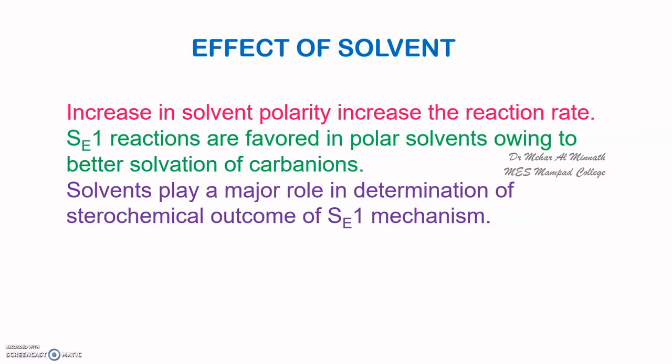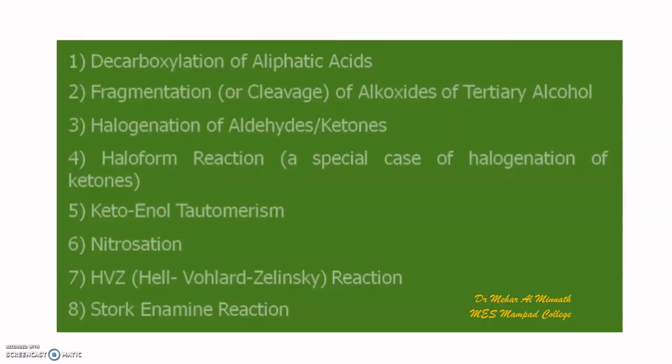But if the solvent is solvating only the carbanion, then we'll get both inverted product and retained product, a racemic mixture. So the solvent decides: you increase the polarity of the solvent, the rate of the reaction increases, and the solvent also decides the stereochemistry of the reaction.